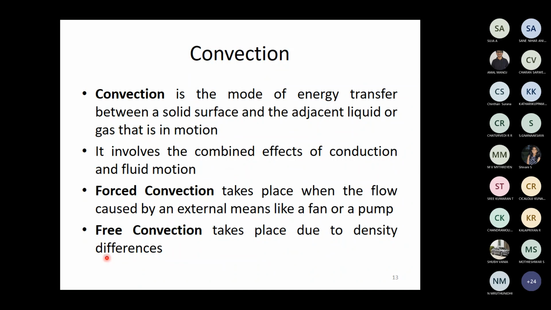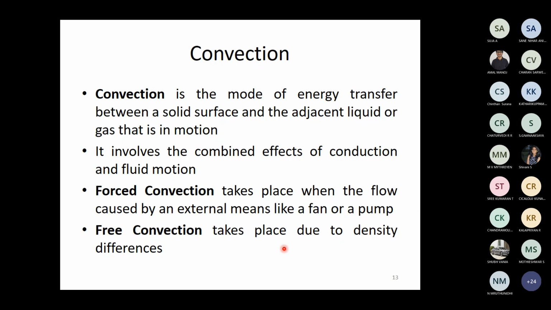In some cases, we are forced to go for free convection. Free convection takes place due to density differences. We know that in a fluid, when there are density differences, the high density fluid will try to come down, and the low density fluid will try to rise. So hot air rises, cold air loses altitude. We are familiar with this. This is because of density differences, and the density difference is caused by temperature differences.